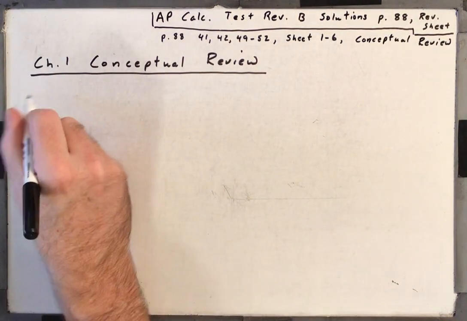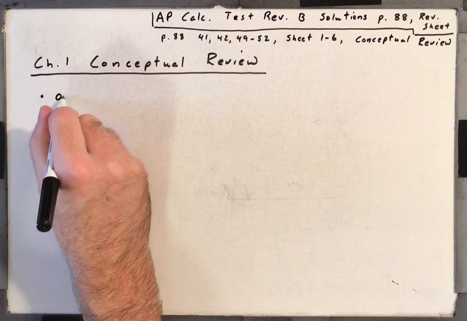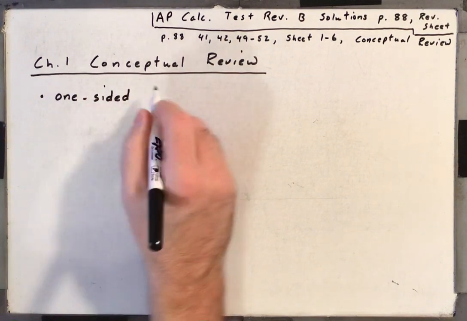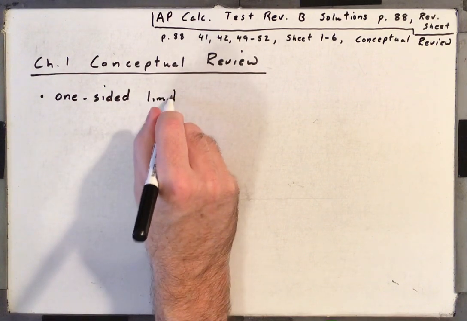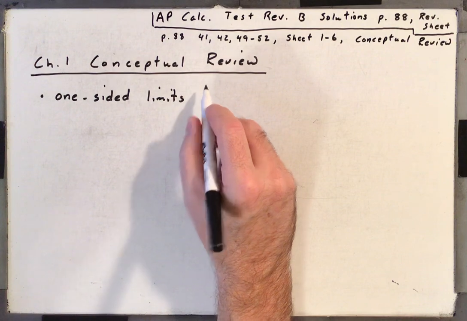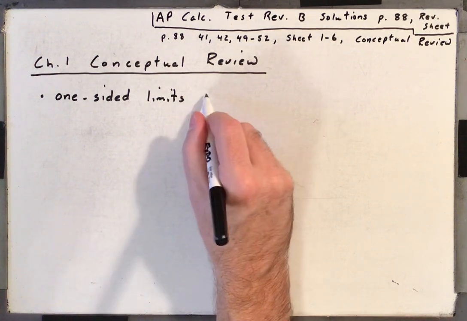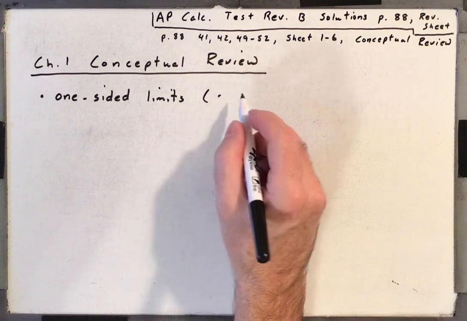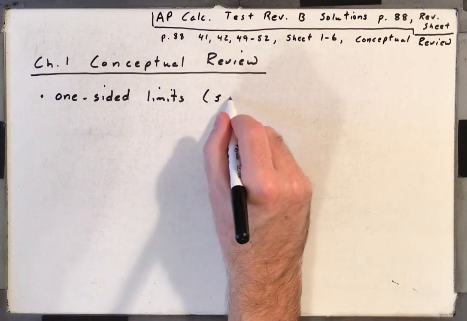We did one-sided limits. I don't think you will find the questions about the one-sided limits confusing on the test. I worded those. And really, on one-sided limits, it's the same. It's the same technique.